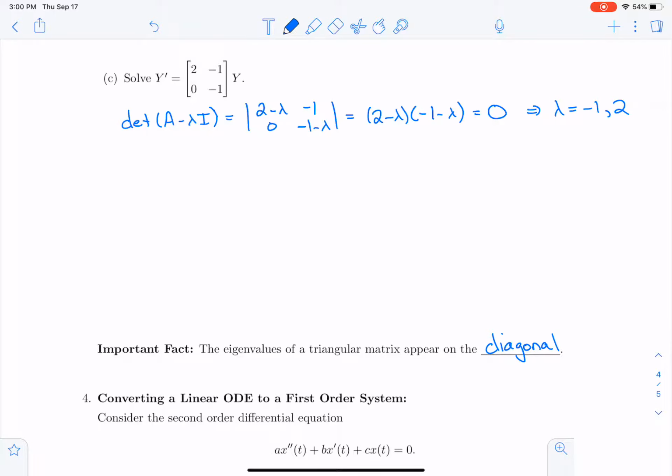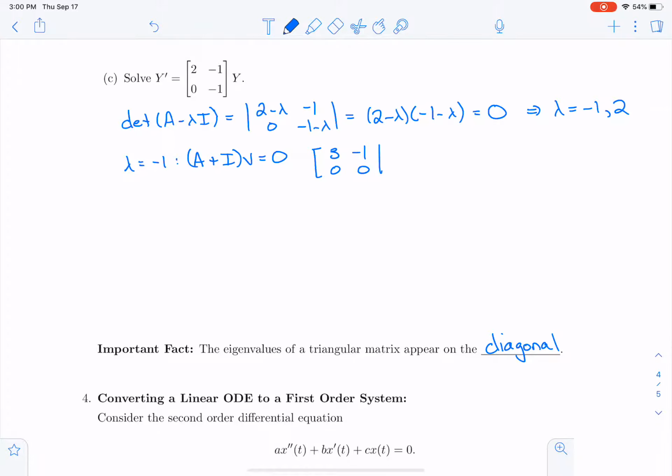Now, as for the eigenvectors, we can let lambda be -1, in which case we are trying to solve A plus I times v is equal to 0. And so that gives us the matrix [3, -1; 0, 0] if we plug in -1 for lambda.